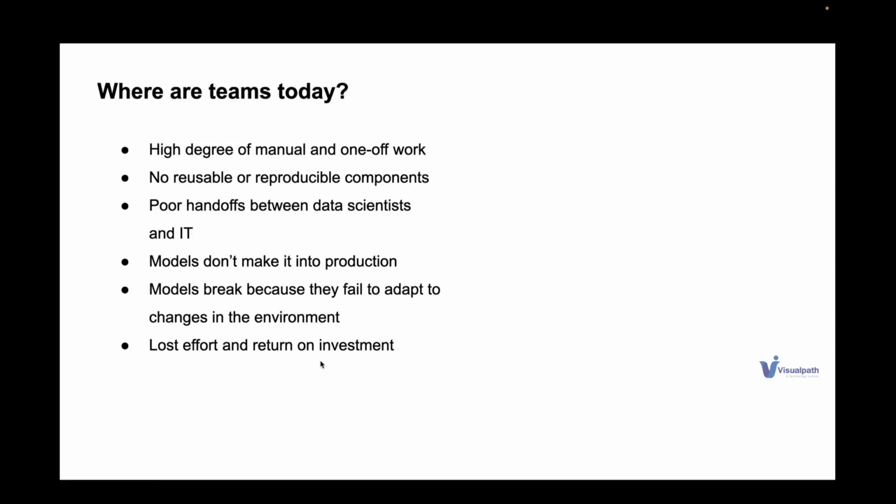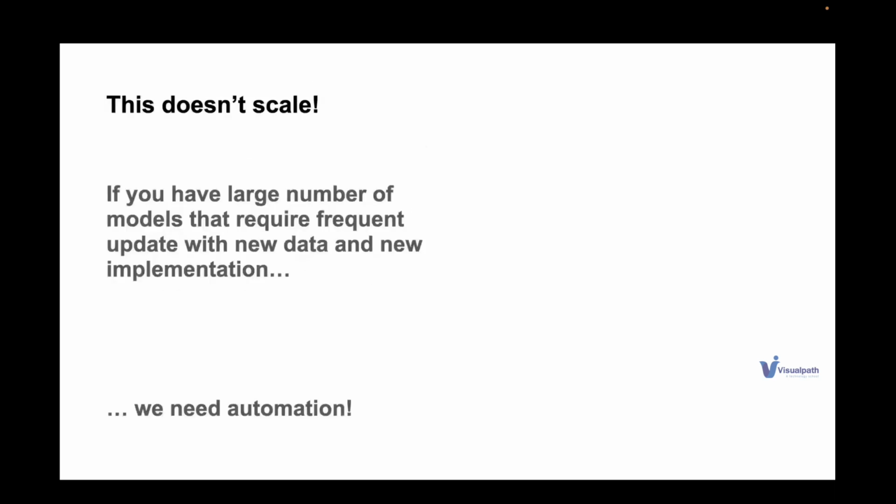Why is there no return on investment? Because if the model is not making it into production, we will not get the investment return. Because it is not predicting and creating business for us, it has no effect. So we've got to understand that the process that current organizations are following doesn't scale.